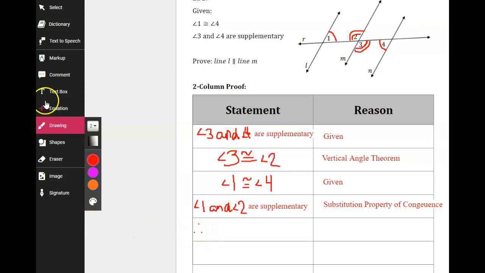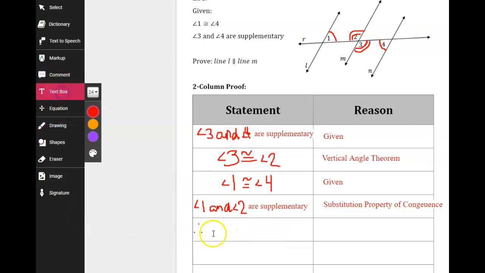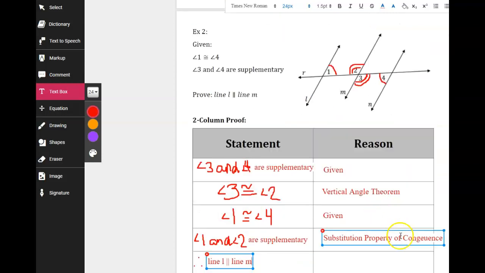So it's usually what you say at the end of the proof. So therefore, line L is parallel to line M. And the reason is because they're consecutive interior angles and they're supplementary to each other. So that's the consecutive interior angle theorem converse.